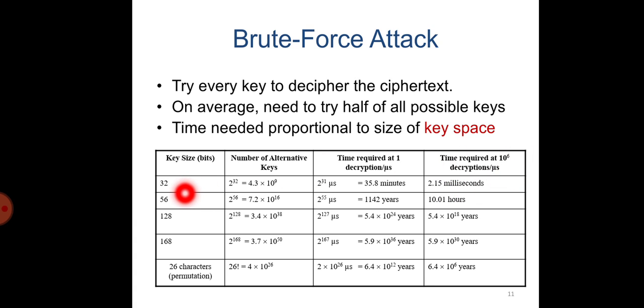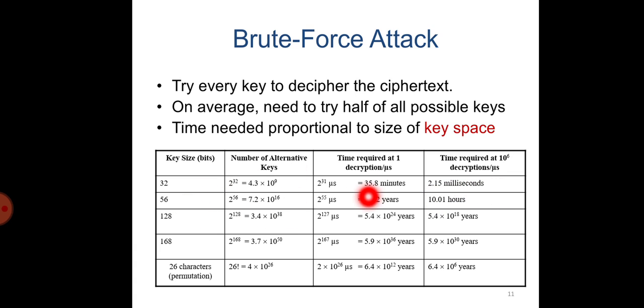Key size 32 bits: 2 to the power 32 is equal to 4.3 times 10 to the power 9. So 2 to the power 31 microseconds is equal to 35.8 minutes. For 10 to the power 6 decryptions the time required is 2.15 milliseconds.